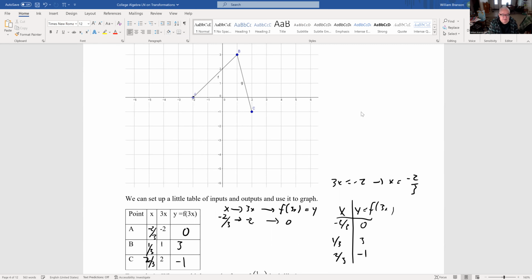So minus 2/3 is about here. There's my A prime. 1/3 is about here, and we go up to a height 3. So there's my B prime. And 2/3 is about here on the x-axis, and we go down to minus 1 to get C prime.